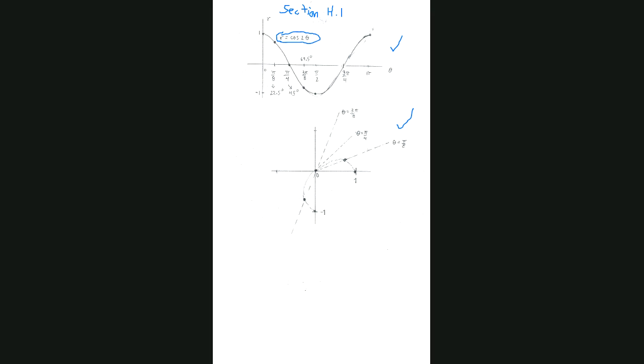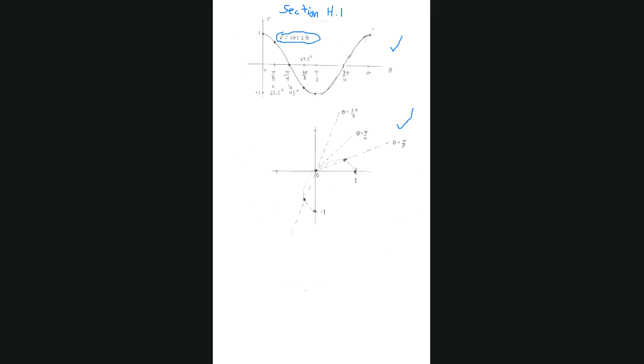Of course, we can make a table of values like we saw yesterday, where we sketched the curve with polar equation r equals 2 cosine theta. That was example 6 in the book. We picked different angles, computed different values of the radius r, and then plotted the polar coordinates.